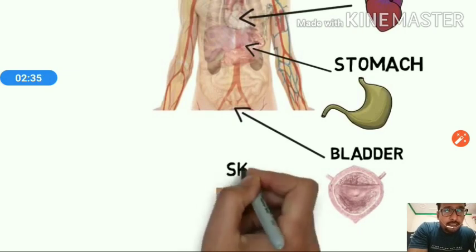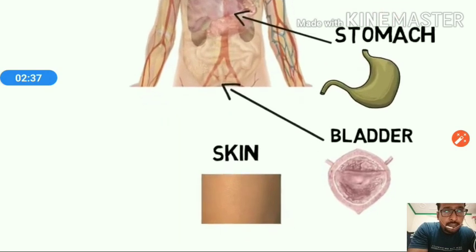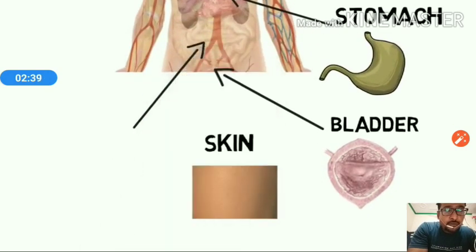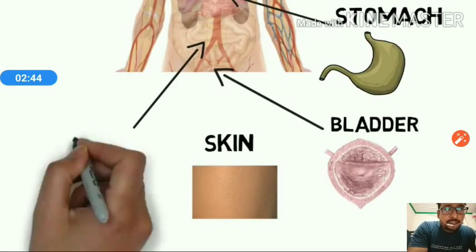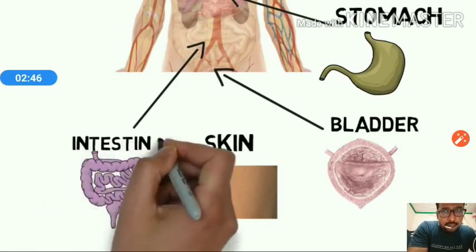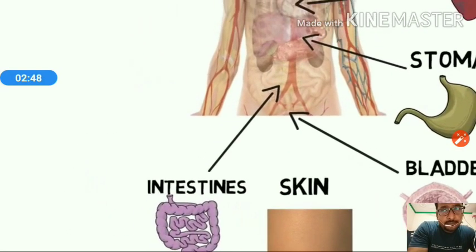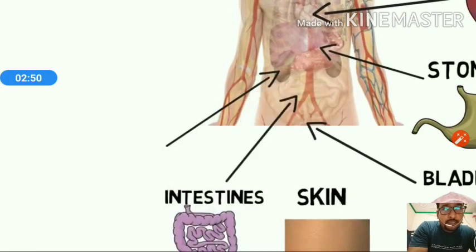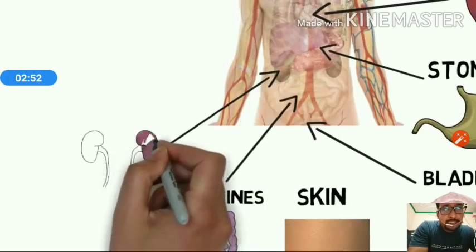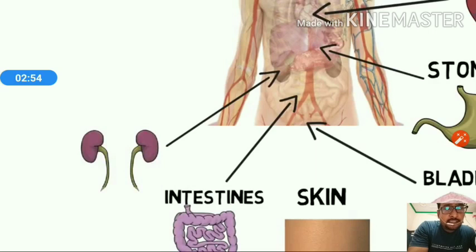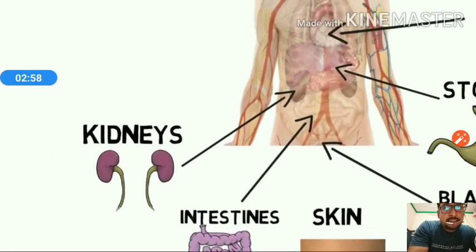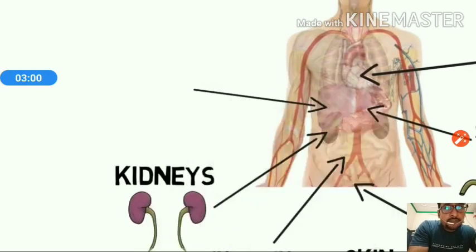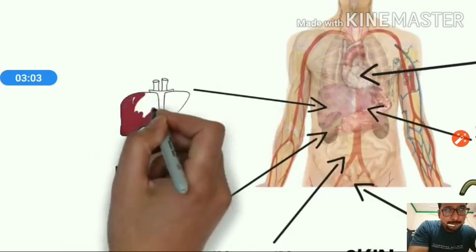This is skin, the most important, which covers your whole organ system and helps in temperature control. This is the intestines, and we have the small intestine which helps in assimilation, and the large intestine which helps in excretion, and 2 kidneys to filter our blood.